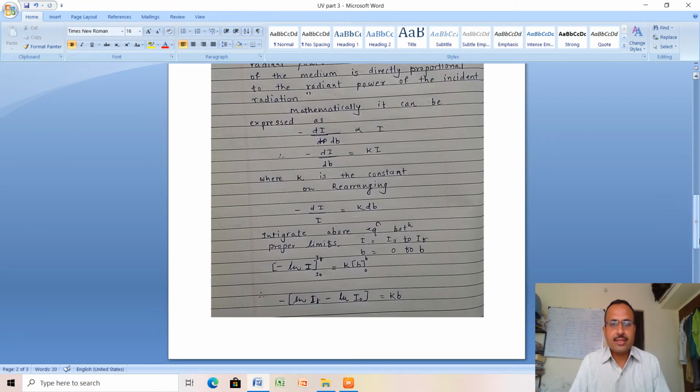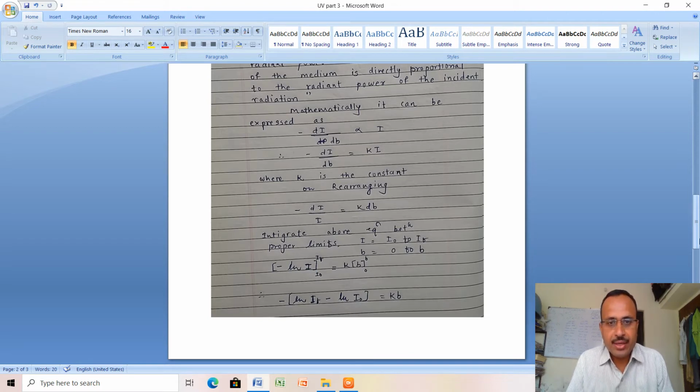If we rearrange the equation minus dI by db equals kI, taking the terms with I on the left-hand side and the db term on the right-hand side, it is only a rearrangement.